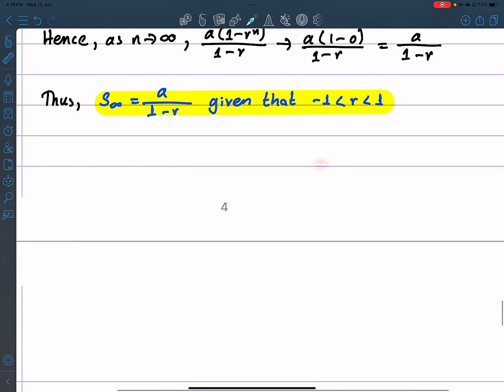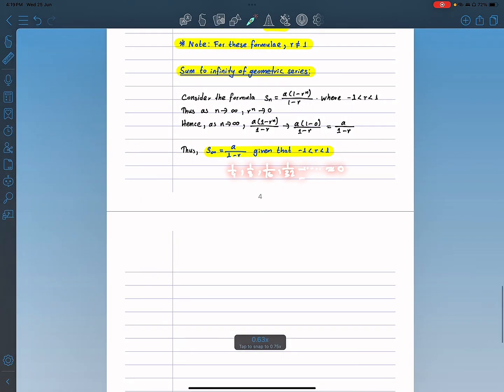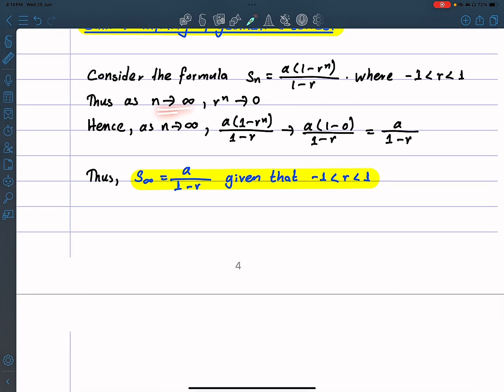Why? Because we can see the fraction approaches 0: first it was 1 over 4, then 1 over 8, then 1 over 16, 1 over 32. And this approaches 0. So as n approaches infinity, r to the n would approach 0.